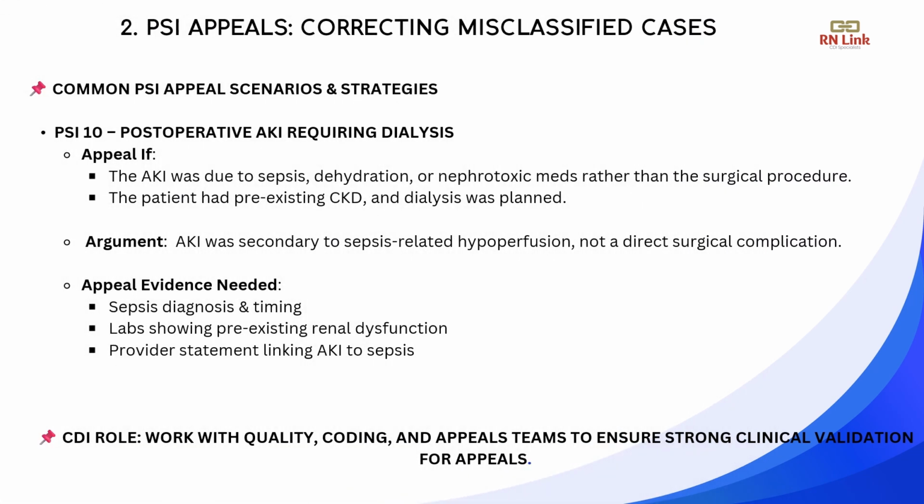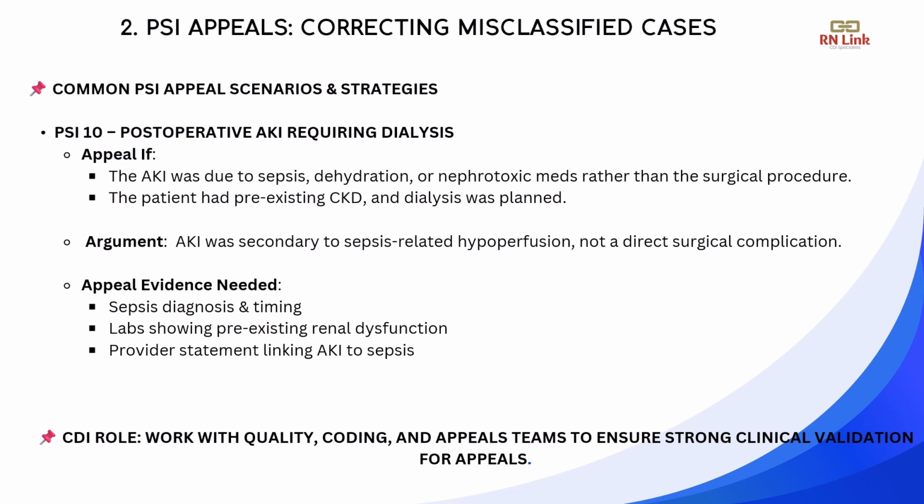PSI 10. Postoperative acute kidney injury requiring dialysis. Appeal if the acute kidney injury was due to sepsis, dehydration, or nephrotoxic meds rather than the surgical procedure. The patient had pre-existing CKD, and dialysis was planned. Argument: acute kidney injury was secondary to sepsis-related hypoperfusion, not a direct surgical complication.